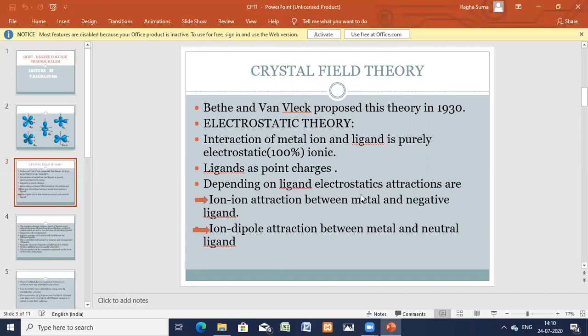If the central metal is a cation and the ligand is neutral with no charge, then it is a dipole, and that type of electrostatic attraction is called ion-dipole attraction. So electrostatic attractions are of two types, ion-ion and ion-dipole.